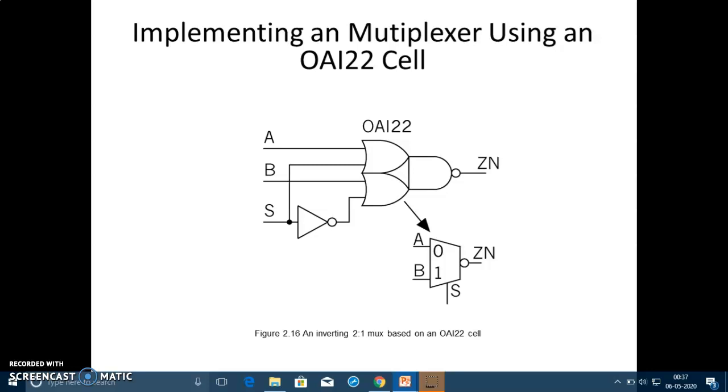For the Elmore delay model, we can get a 2-mark important question, and the definition was already discussed. In the linear delay model, RC delay model, Elmore delay model, and linear delay model are the delay model characteristics, which we already discussed.